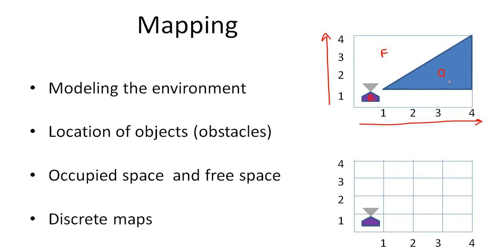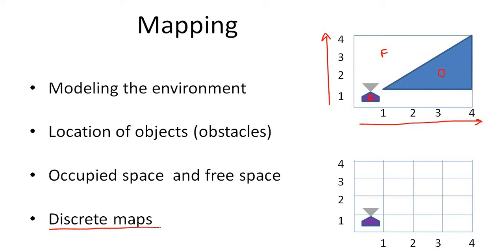Now we start with making the map, how we can make the map of the above room. Although there are other types of maps also, there are continuous maps, there are probabilistic maps, in this lecture we only talk about discrete maps.